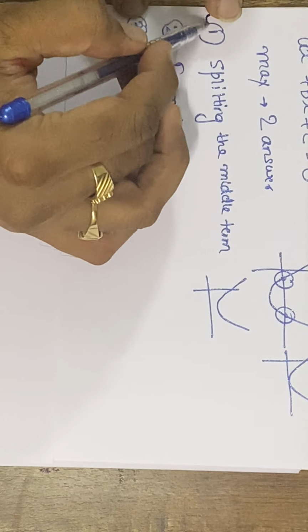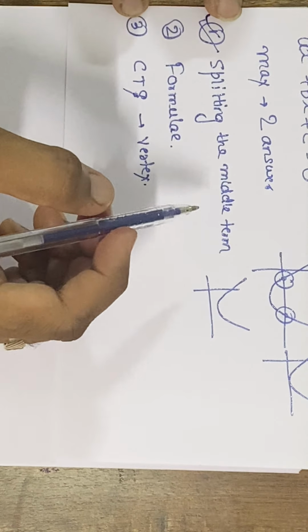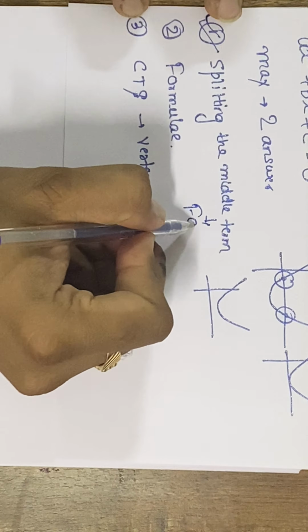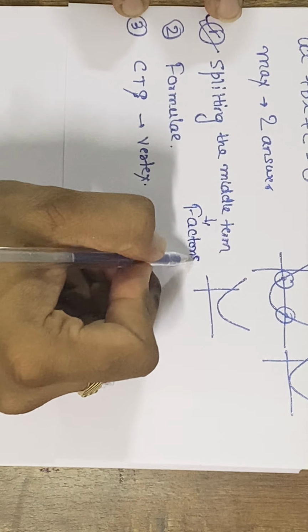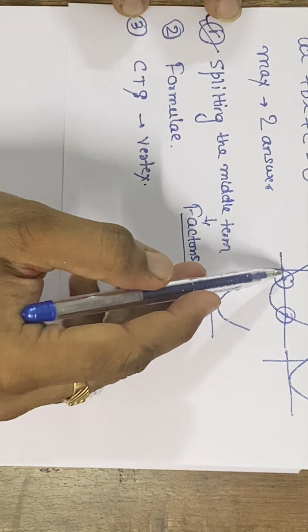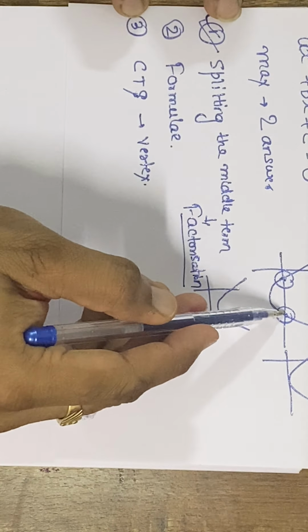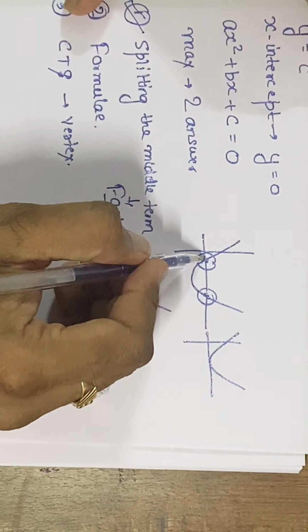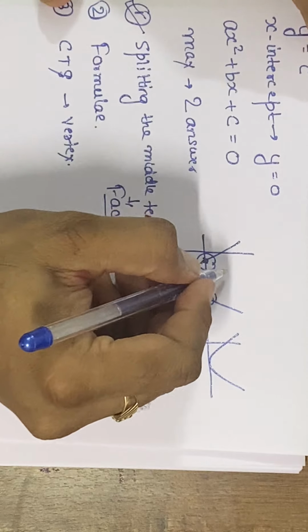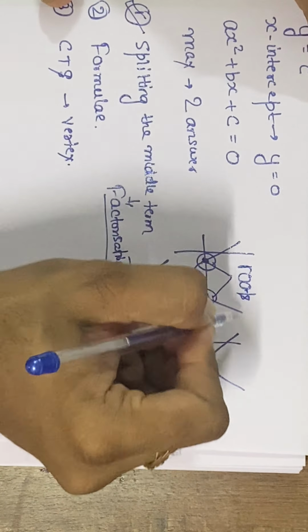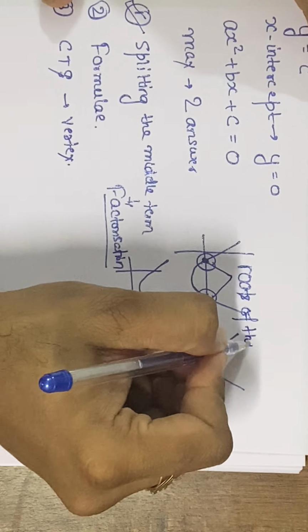Now, we are going to talk about splitting the middle term. In splitting the middle term, we will learn about factorization. And once we are able to do this factorization, we will be able to find this part. Understand this part, these 2 points where it cuts the x-axis are also known as roots of the equation.